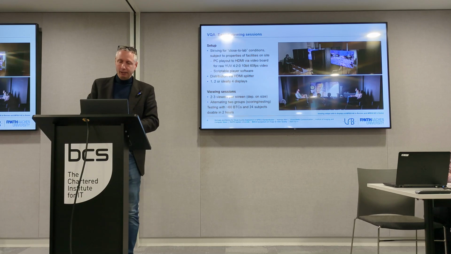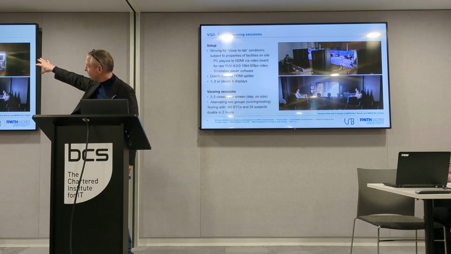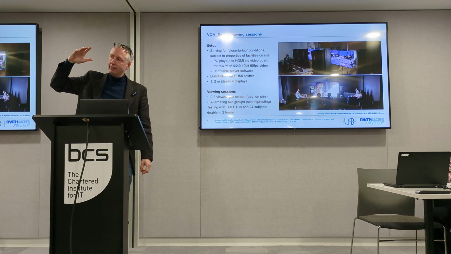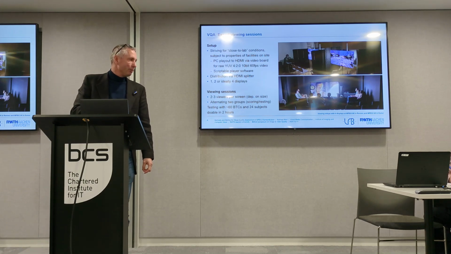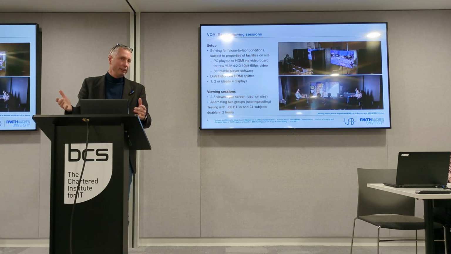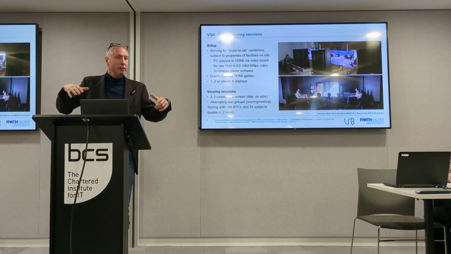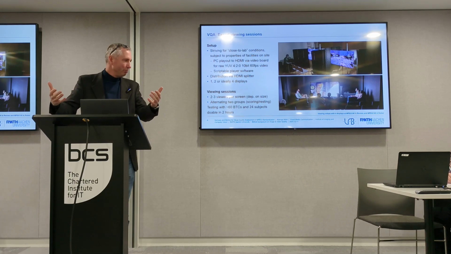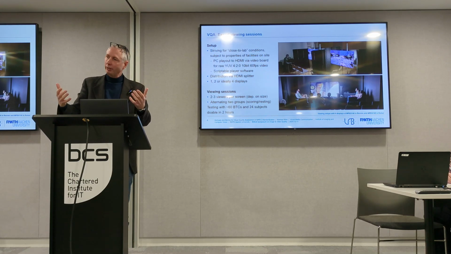In this setup with four screens, we are able to produce, let's say, 60 rate points evaluated within roughly two hours. This is a really nice result. We do some improvisation there because we get into rooms that have some properties and we have to deal with that, but typically it works out pretty well.